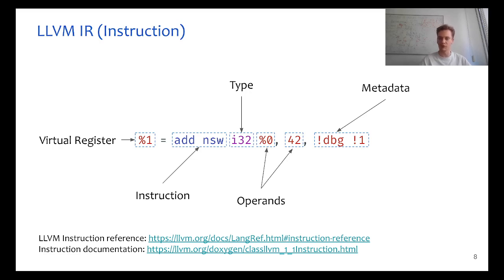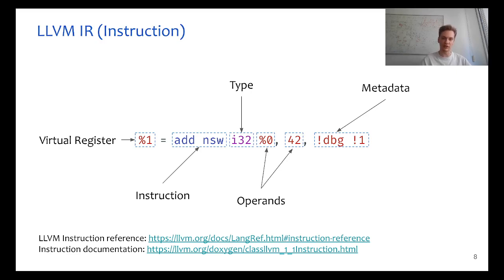We have a list of operands, so all of the values that go into the operation. And we have a possibly infinite list of metadata for each instruction. Metadata doesn't change the meaning of an instruction. It's just some information that an optimization pass can use to possibly transform an instruction in a different way.